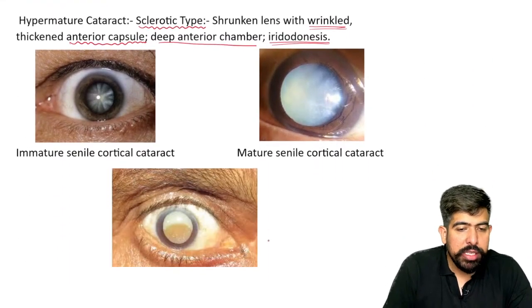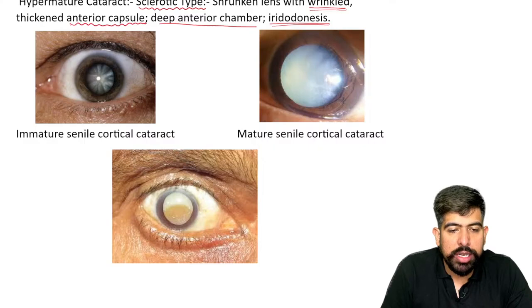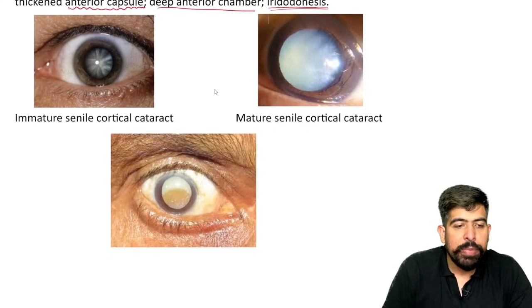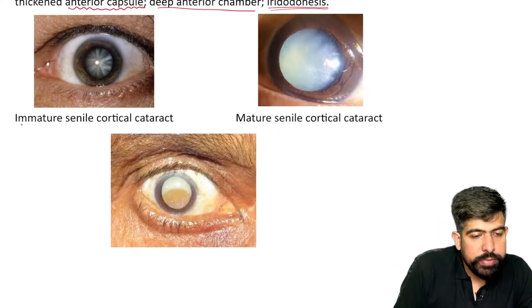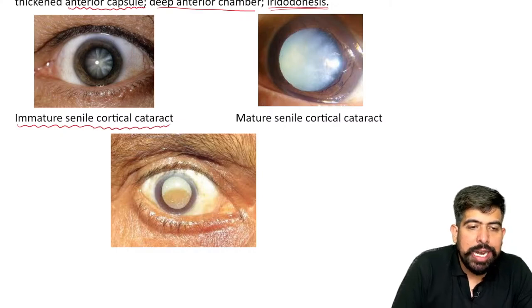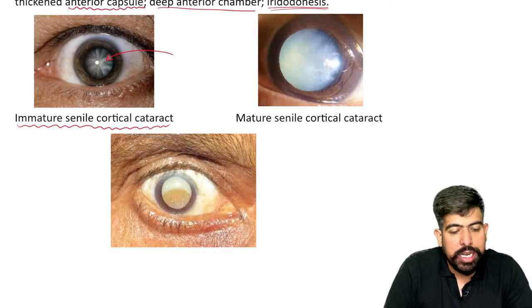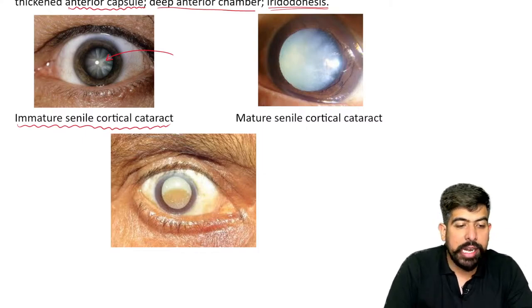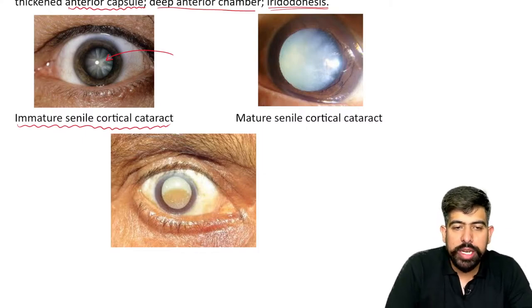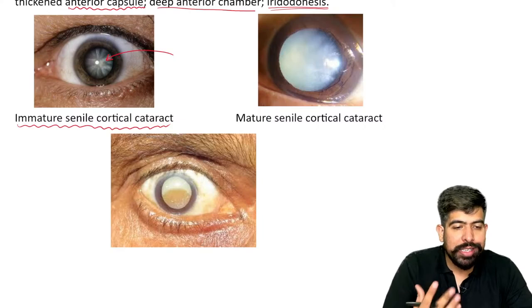In between, I'm going to show you all the types of cataracts. In the immature senile cortical cataract, you can see there is a starting of clouding in the lens. The clouding is started, and slowly it is getting whitish clouding over there.